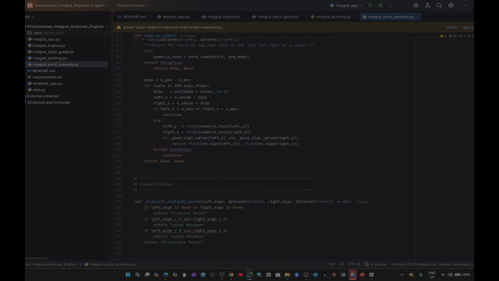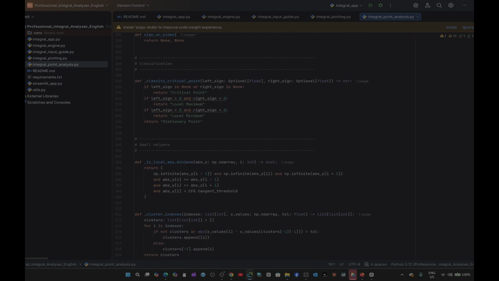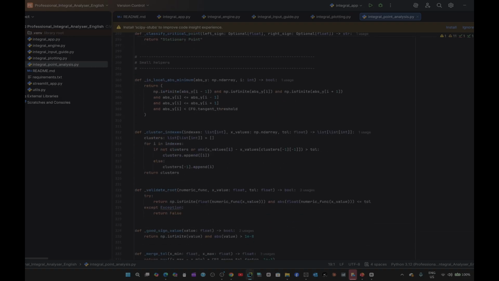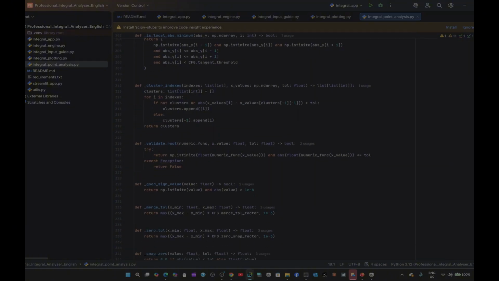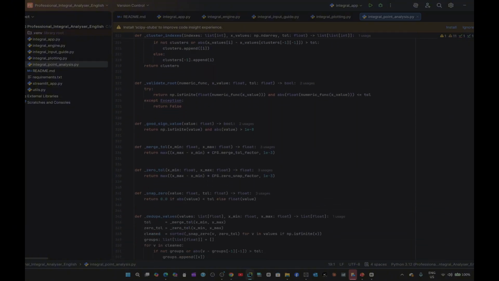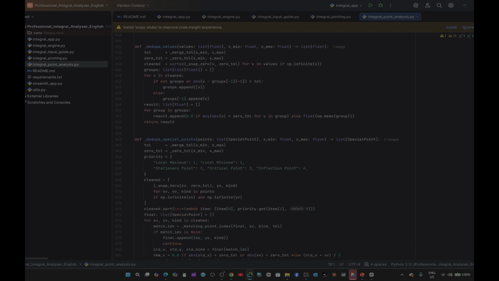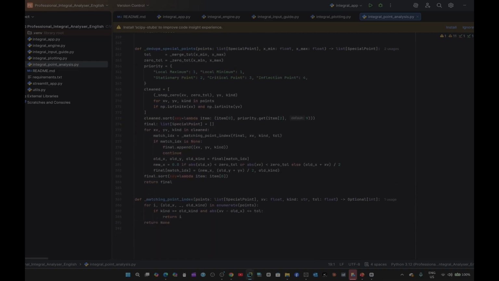Look at the class of critical points, the local maximum and minimum. Class of index, validate root, good sign value, margin. You see a lot of functions here. Look at all the matching point index. All the functions are for the internal point analysis, right?